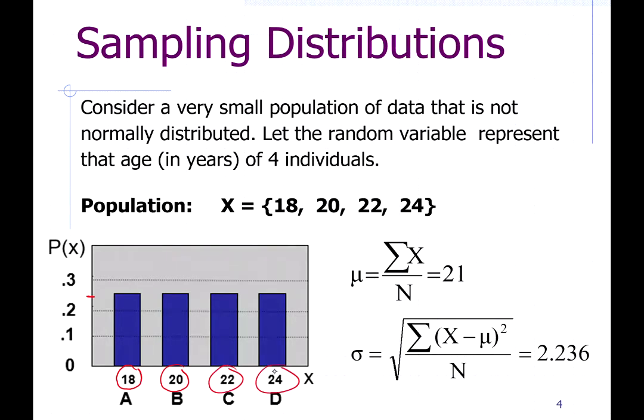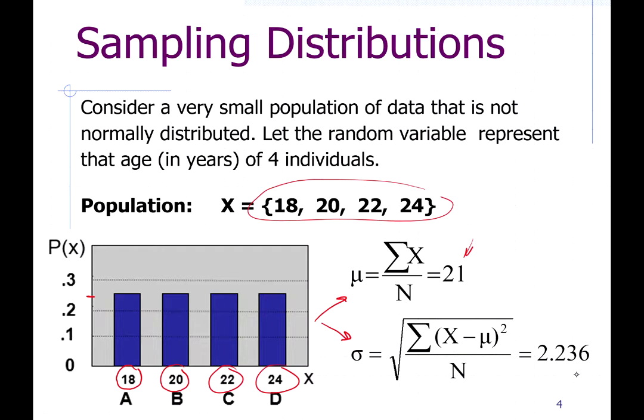And we could apply our formulas for a population mean and population standard deviation. The mean, or the average value, is 21, and the population standard deviation of 18, 20, 22, and 24 would be 2.236.